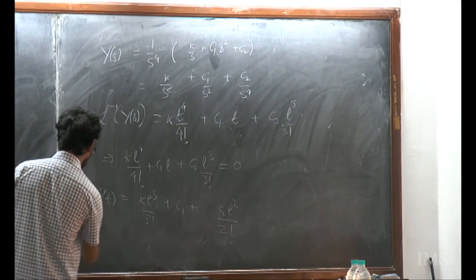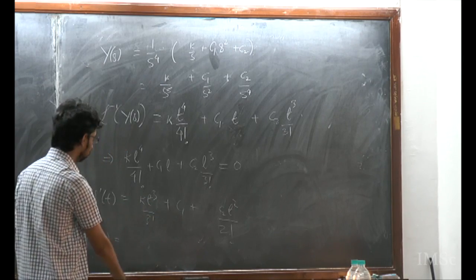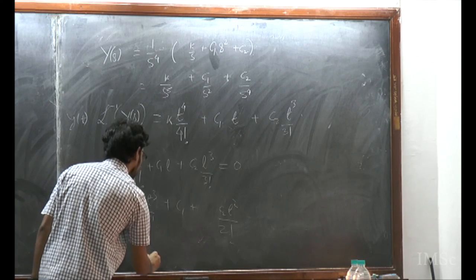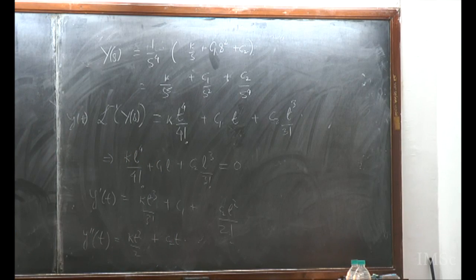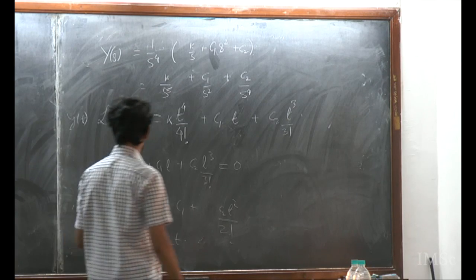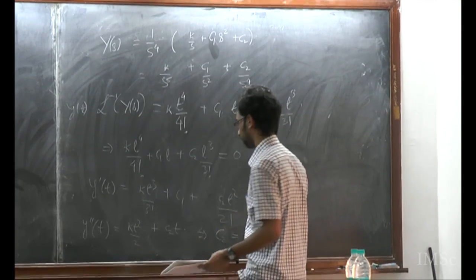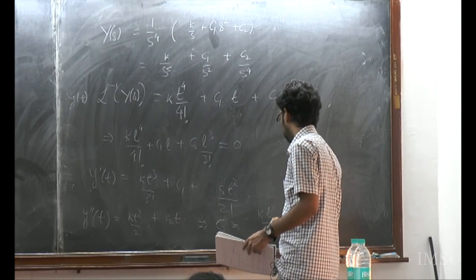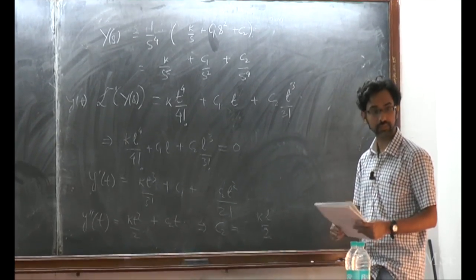Okay, y double prime t, what is this? So c1 goes away. You have k t square by 2 plus c2 t. Okay, now you know that y double prime at L is 0. Okay, so then c2 is minus kL by 2. Okay, it's clear?